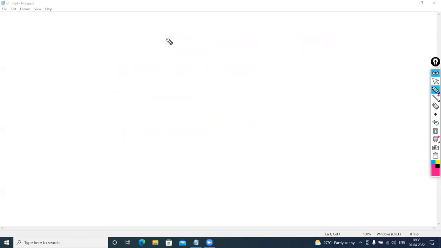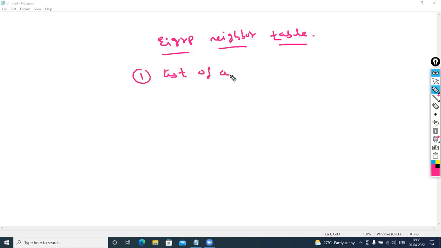Now, if we talk about the EIGRP neighbor table, what we'll find here is the list of all directly connected neighbors.